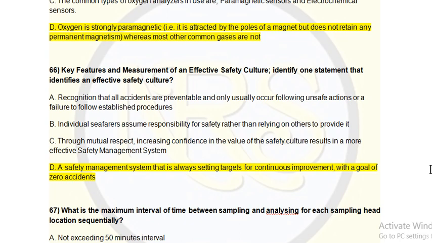They take the matrix, then they give the list like this many injuries have happened, this many measures are to be taken, this has to be taken care of, this PPE has to be supplied, this PPE has to be used. Like that, they take continuous measures for improvement to achieve the zero accident target. So that is done in the companies based on this. So answer is option D.